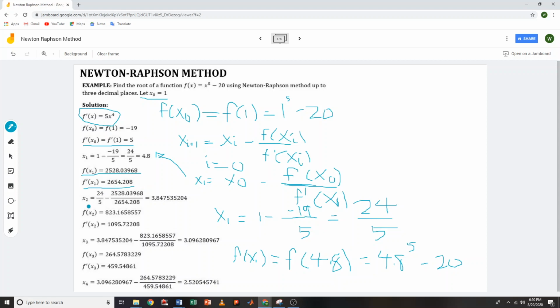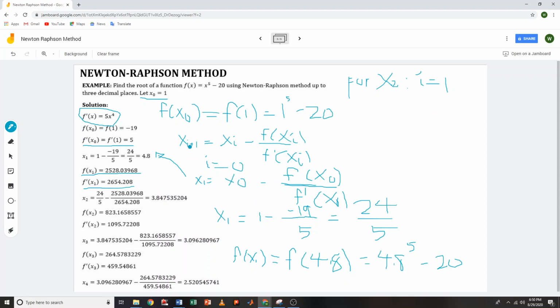Now let us solve for x2. Our i here is equal to 1, because we're done with 0. So next after 0 is 1.